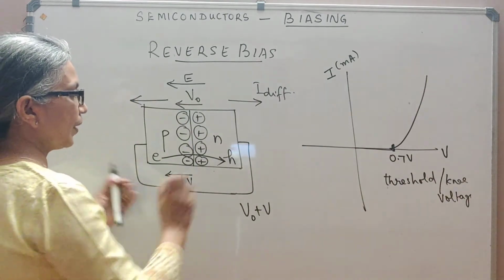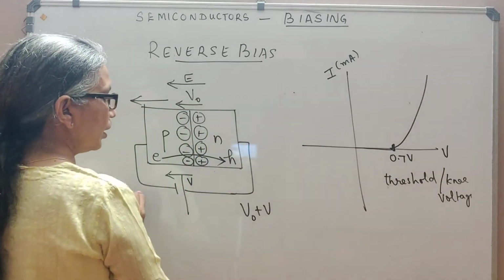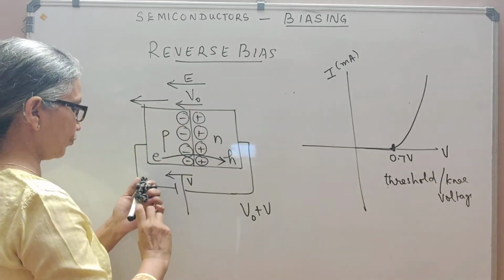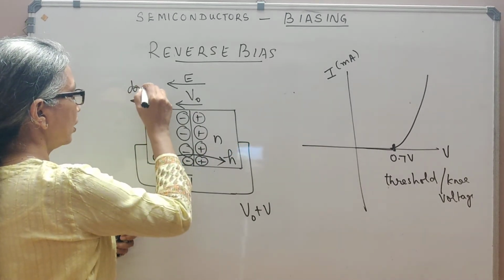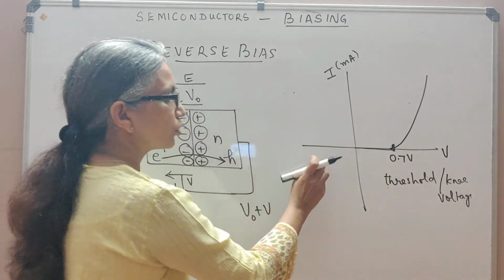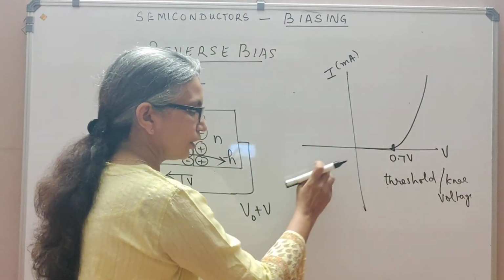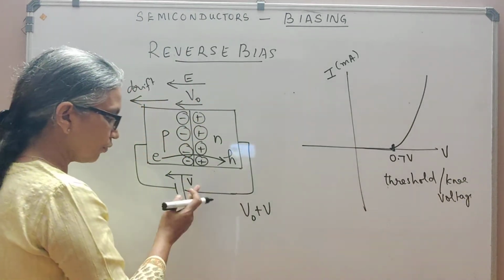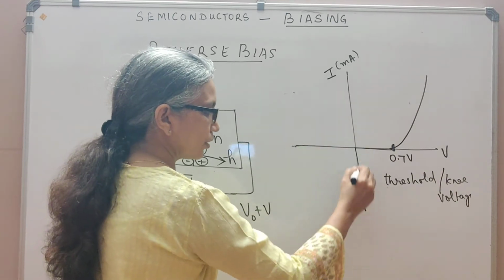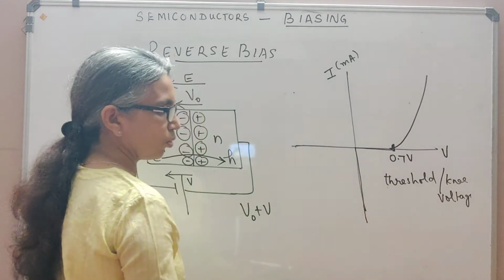Now under reverse biasing, we have electrons moving here, so that means holes are moving to the left. So drift current is in this direction, that is from N to P. So it's a reverse current. So it's going to appear in the negative axis here. In this, we have changed the voltage also. The terminals of the battery have been changed. So we have this graph appearing in the third quadrant.